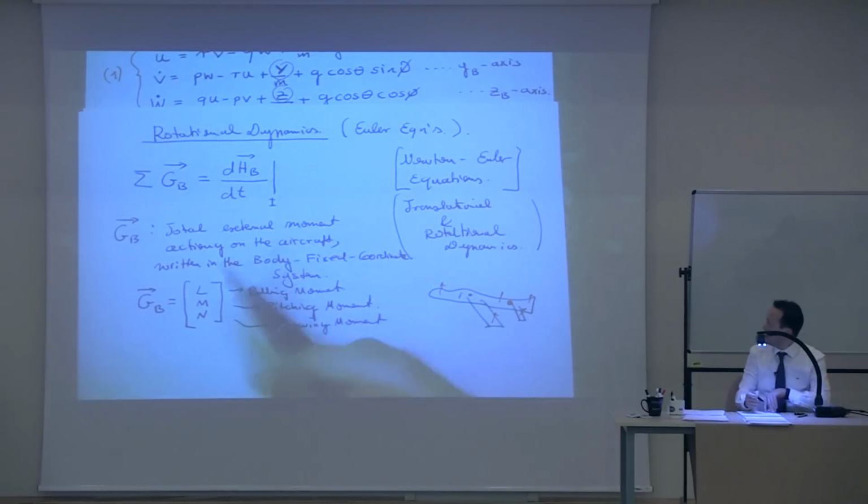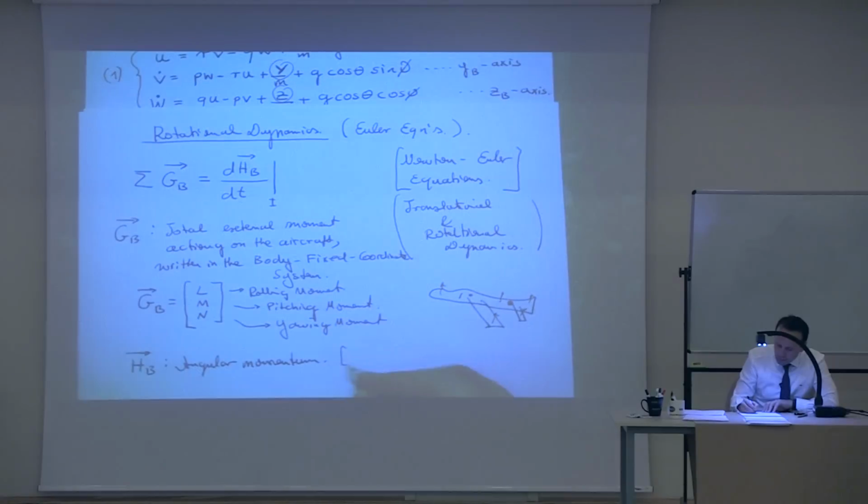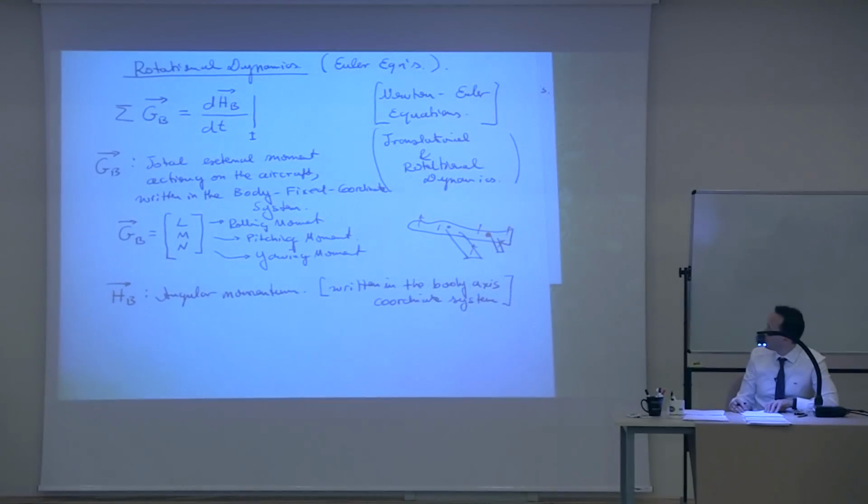Okay. So what is this? Here I have the external force, HB, right? I haven't defined HB. H is the angular momentum. The angular momentum is again written in the body axis system, body axis coordinates. Okay? It's the angular momentum.